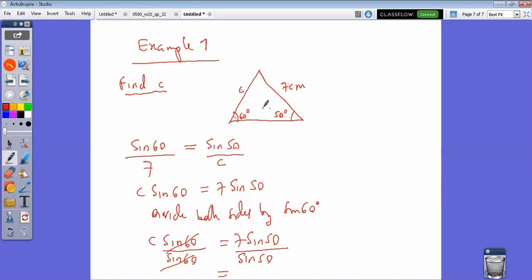Oh, sorry, this is 60 here. Which one is 60? This is 60 here, and this is my 50. Don't write wrong things. So this is 60 here, sine 60. So what do you get? 7 sine 50 divided by sine 60.